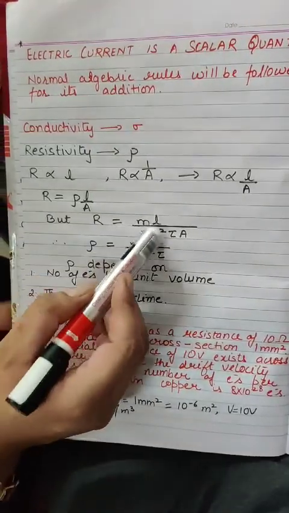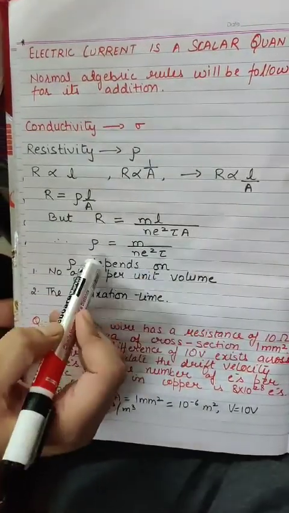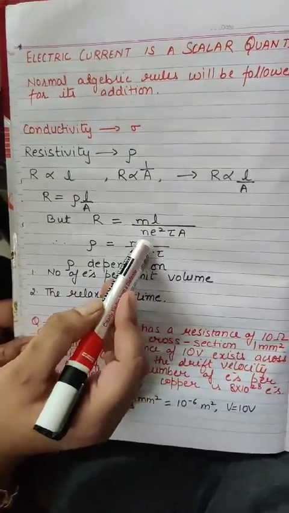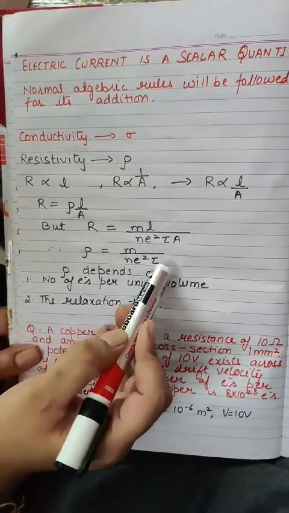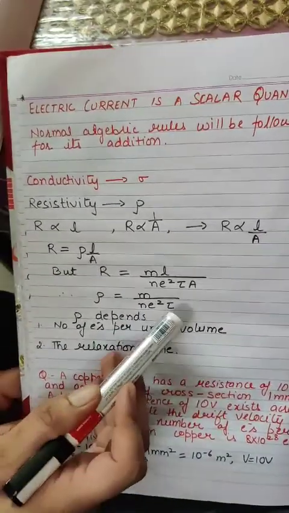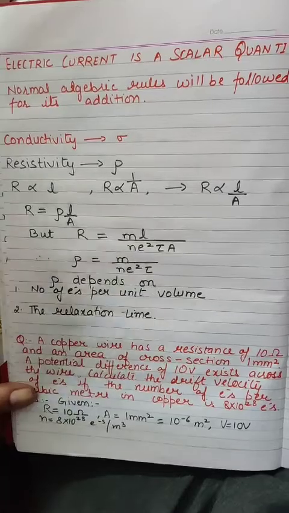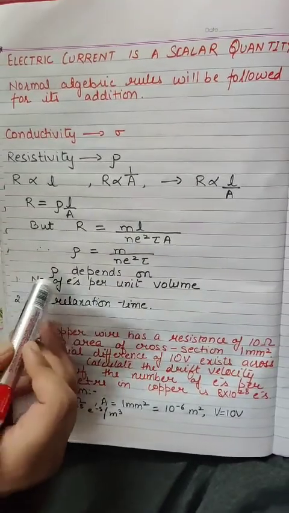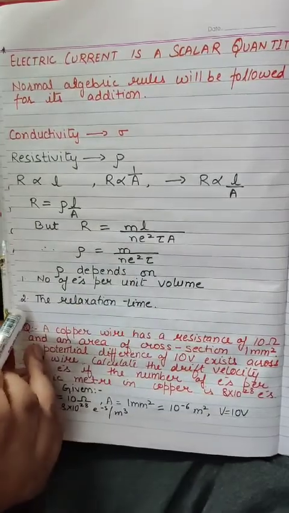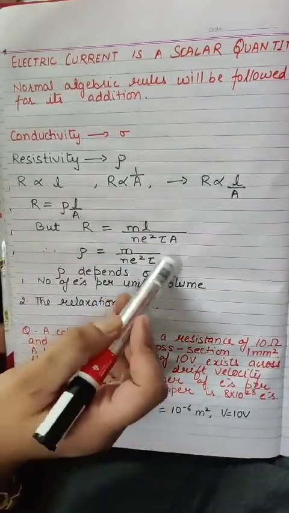But R is equal to mL by ne square tau A, and from here we get rho's value, and rho comes out to be m upon ne square tau. It is a very important term, and it depends on two terms basically. First, the number of electrons per unit volume, that is small n, and it also depends on the relaxation time, that is tau.